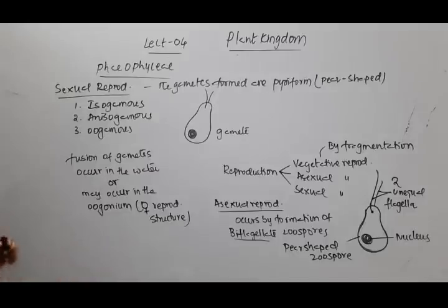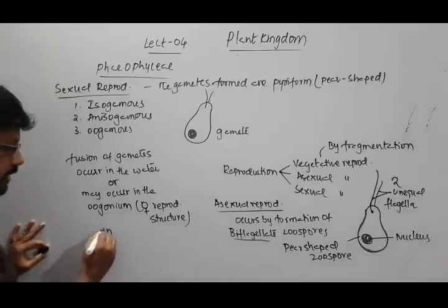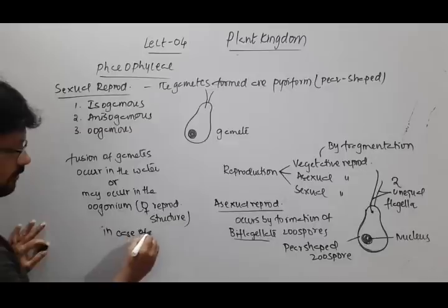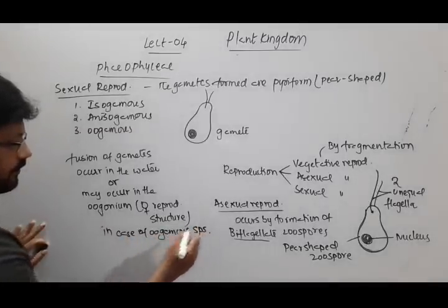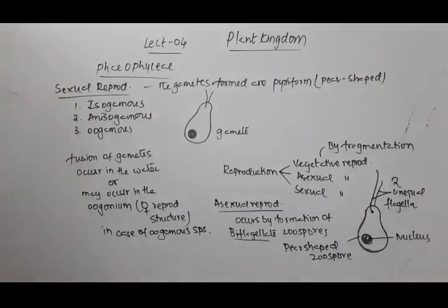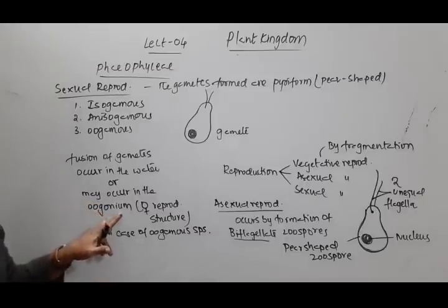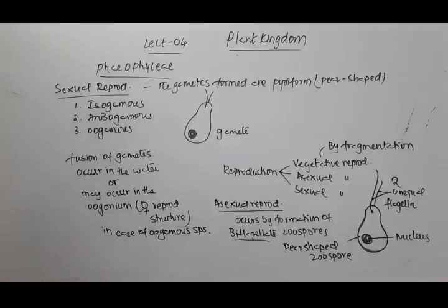In oogamous species, the motile male gamete will come and fuse with a non-motile gamete that may be located in the oogonium. That's how sexual reproduction occurs.